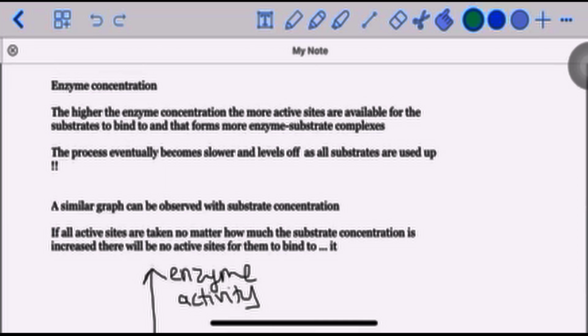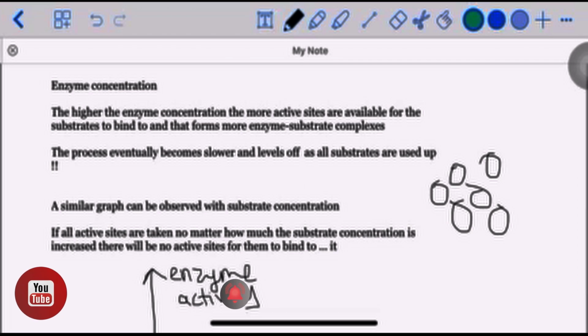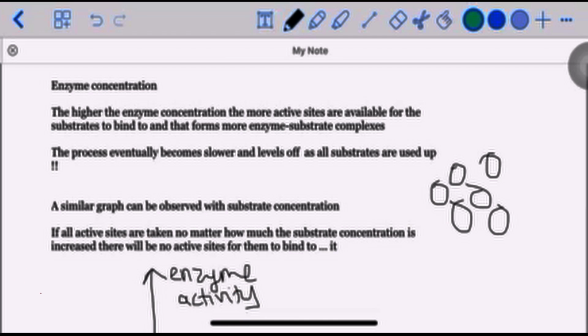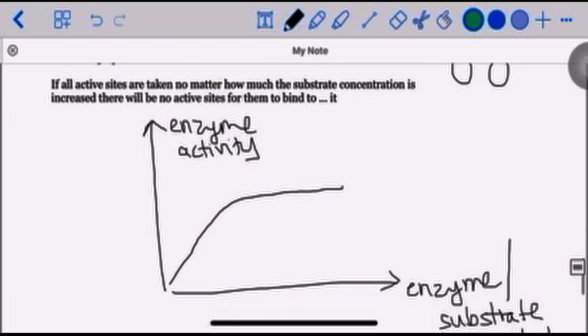Let's say you're increasing the number of enzymes that are going to take part in a particular reaction. So they're all hyped up, so they quickly keep on carrying out the reaction. They keep on reacting with the substrates, and the products will be formed. But eventually, if you take a look at this graph, this area shows that it is undergoing a rate limiting step, or the graph is leveling off.